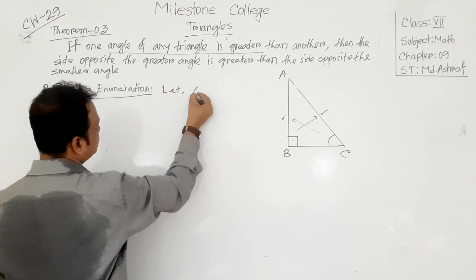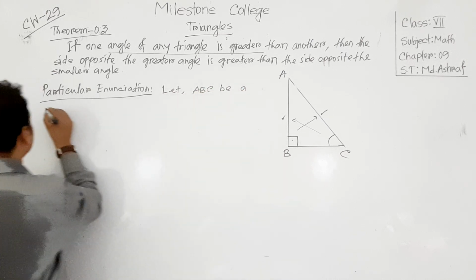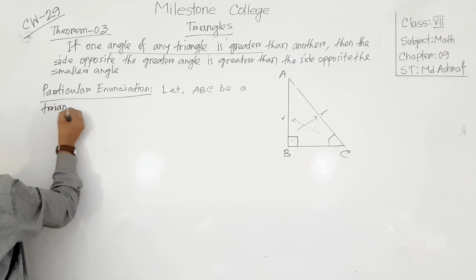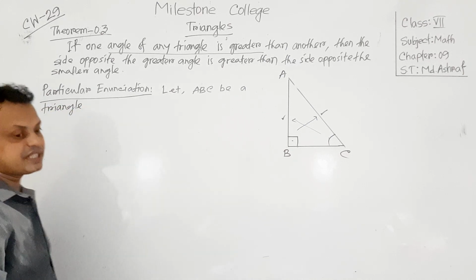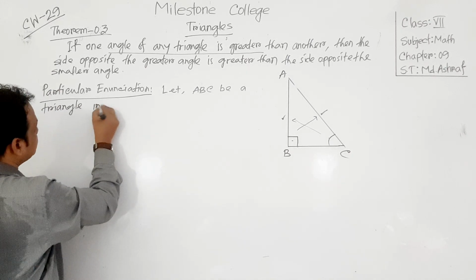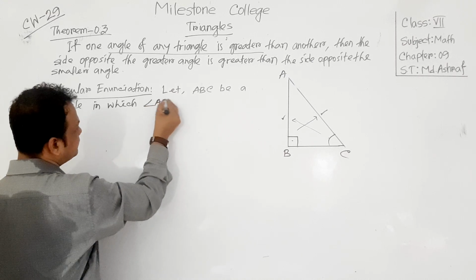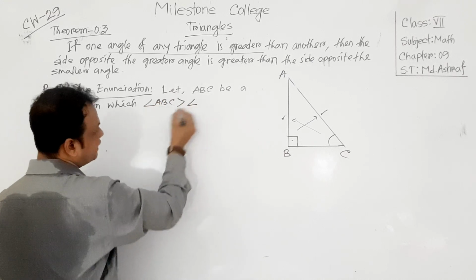Let ABC be a triangle in which angle ABC is greater than angle ACB.